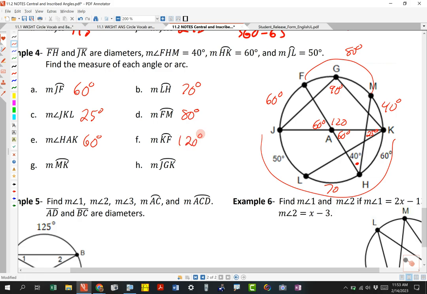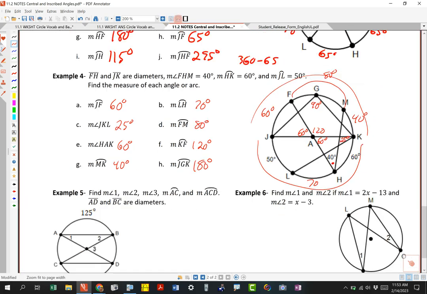Yep, we figured that one out. Arc MK. 40. We got that piece right here. And arc JGK. 180 degrees down here, 180 degrees up here. So this would be 180 degrees altogether. Okay. Everybody good with that?